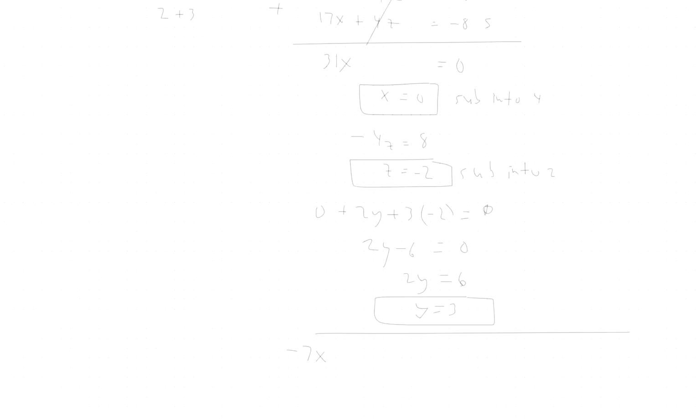Okay, second one. 2x minus 5y, minus 4z equals -9. Okay, third one. 6x minus y minus 4z equals -1.